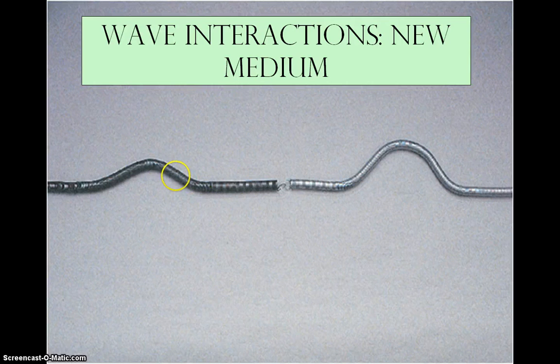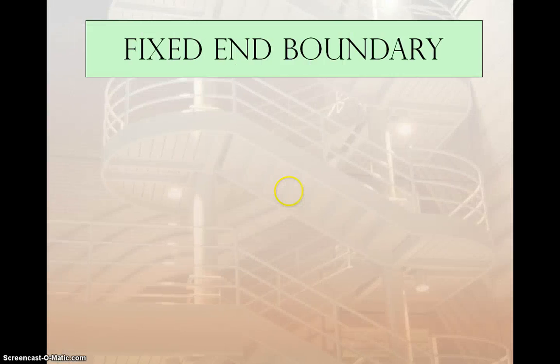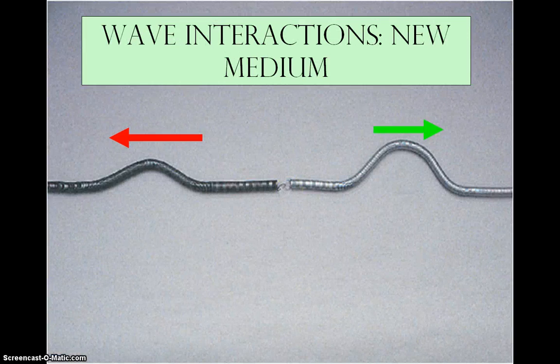And notice that this hump is up, right? So this crest is pointing upwards when it reflects from what is considered a boundary that is not fixed, right? So this actually can move in space. So this is a non-fixed boundary showing both reflection and transmission.